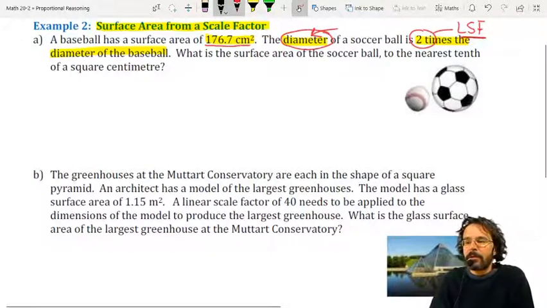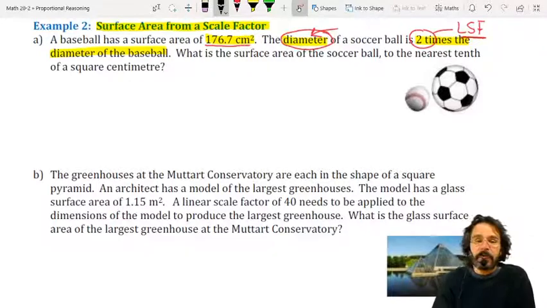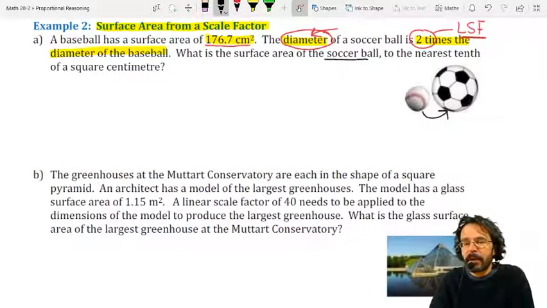What we want to do here is use the surface area scale factor to determine the surface area of the soccer ball. In this context, we're going from the baseball to the soccer ball, which means that the baseball will be our old or original object, and the soccer ball will be the new one.